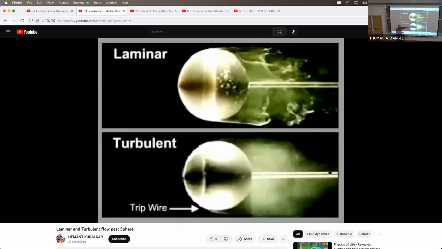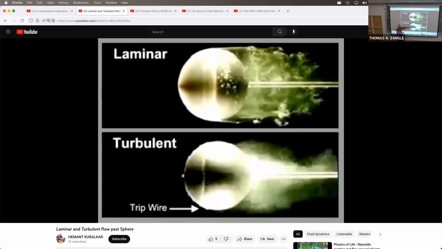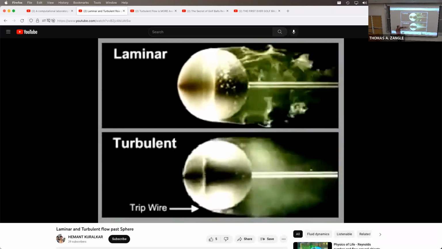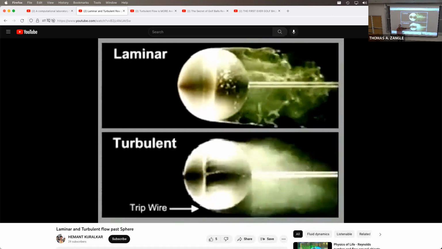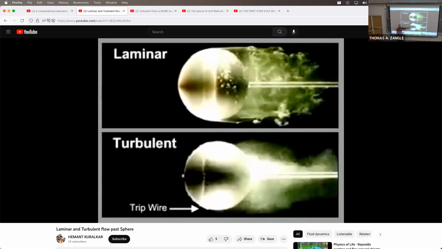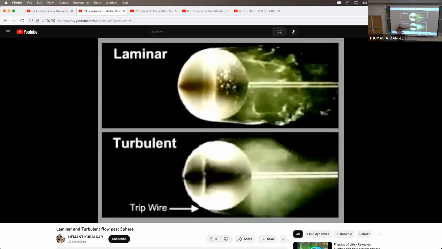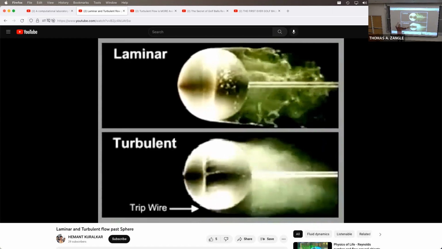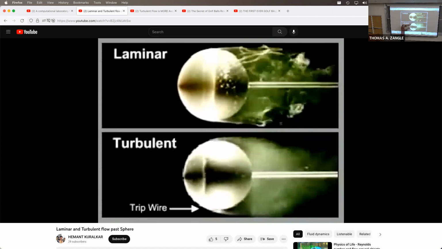It decelerates to nearly zero at the leading edge, right at the front of the sphere. And by the Bernoulli equation, we know that if the velocity decreases, what happens to the pressure? Velocity goes down, pressure goes up, okay, by Bernoulli. So the pressure here is high.